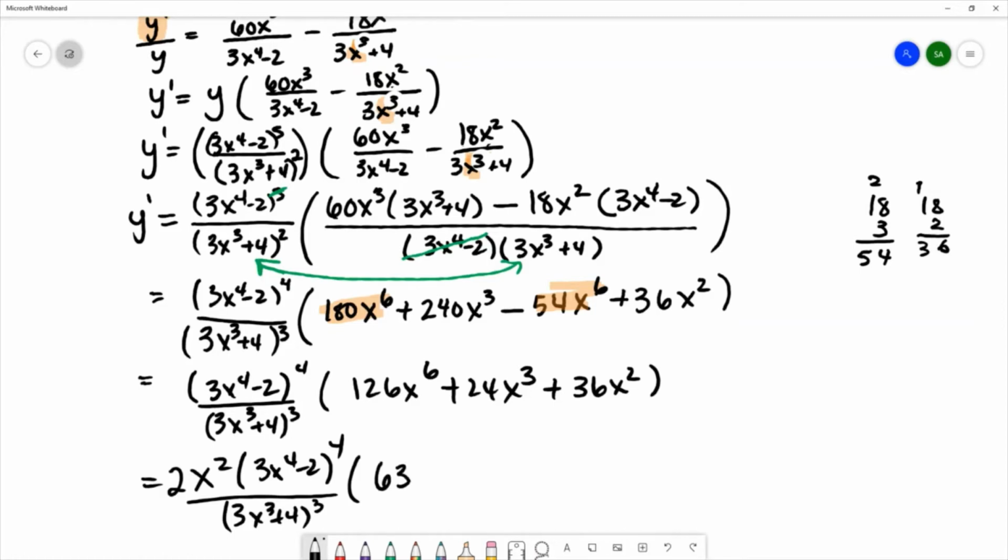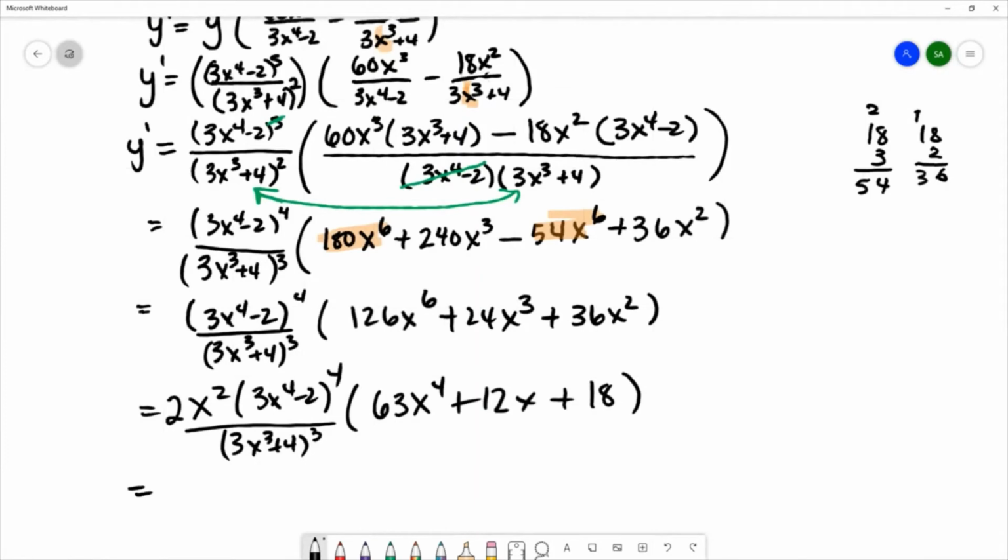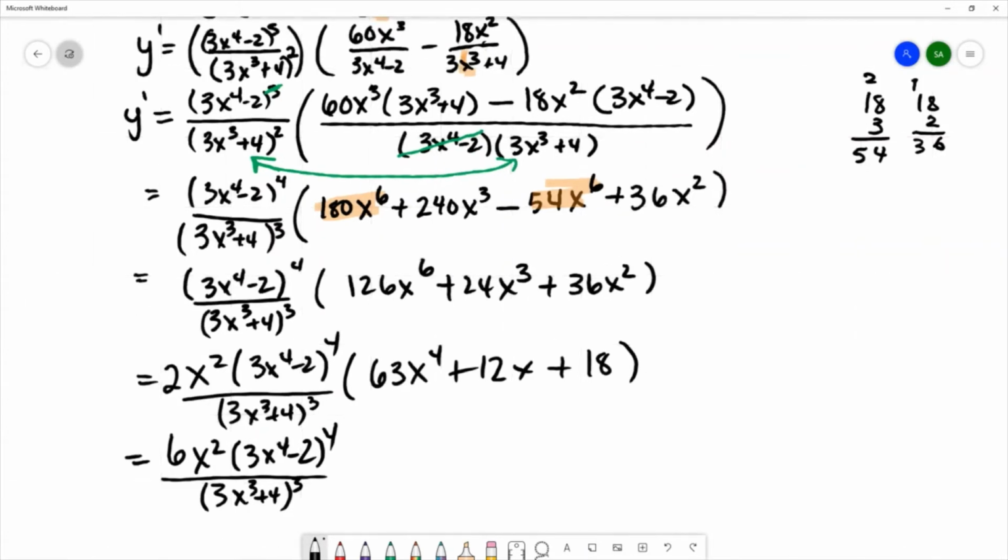Make that 63x to the fourth plus 120x plus 18. Those are all divisible by 3. I can now make this 6. So this is 21x to the fourth plus 2x plus 3. I think that's about as far as I can go.